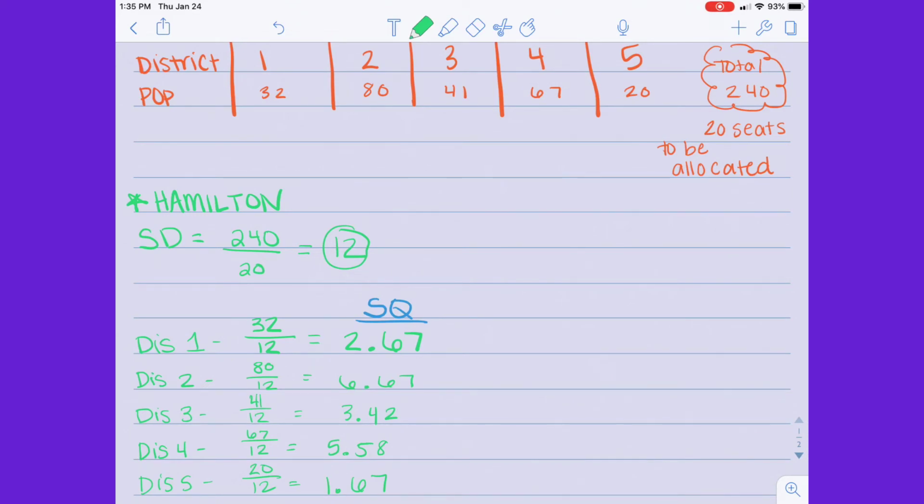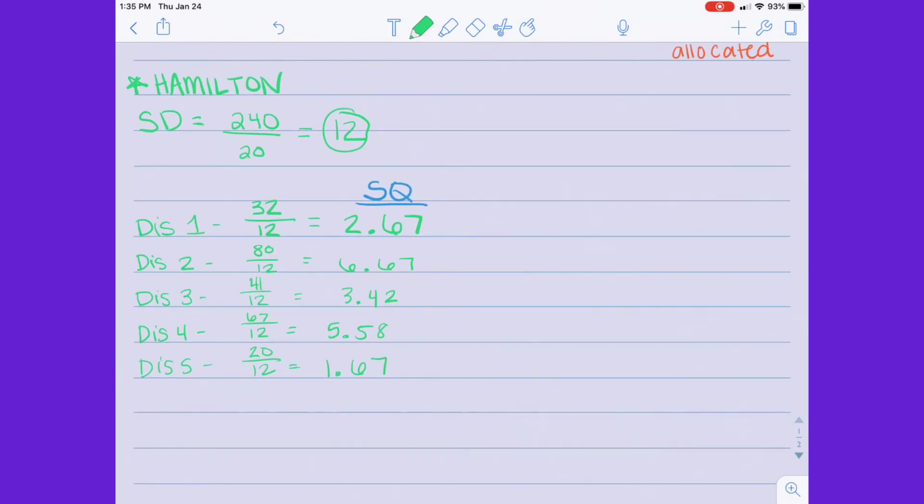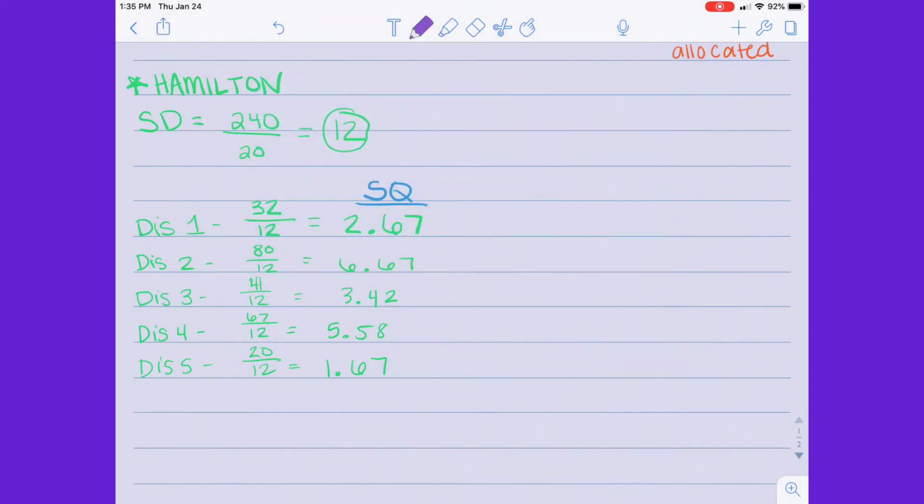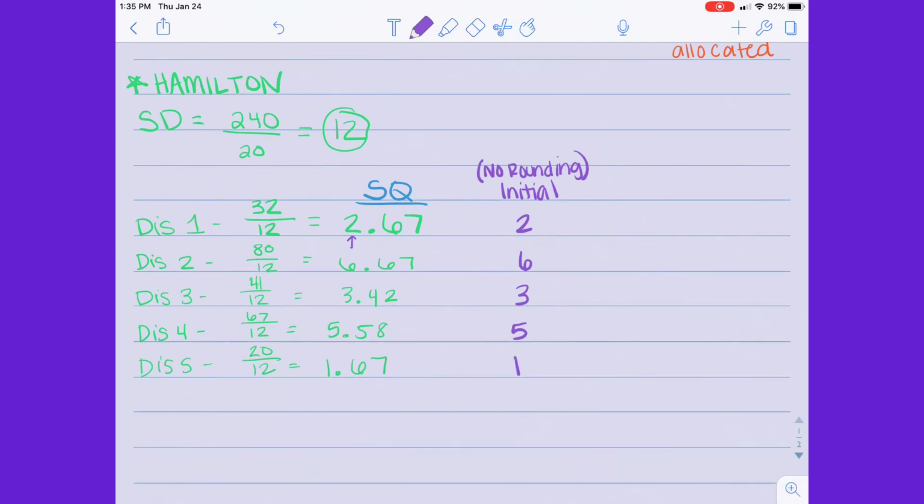Now these standard quota values that I've written down, I'm going to write down what are called their initial values. I'm going to do this in purple. When I write down their initial values, I am not going to round. No rounding. I'm not following the rules of math, but instead I am focused on the whole number value: 2, 6, 3, 5, 1.